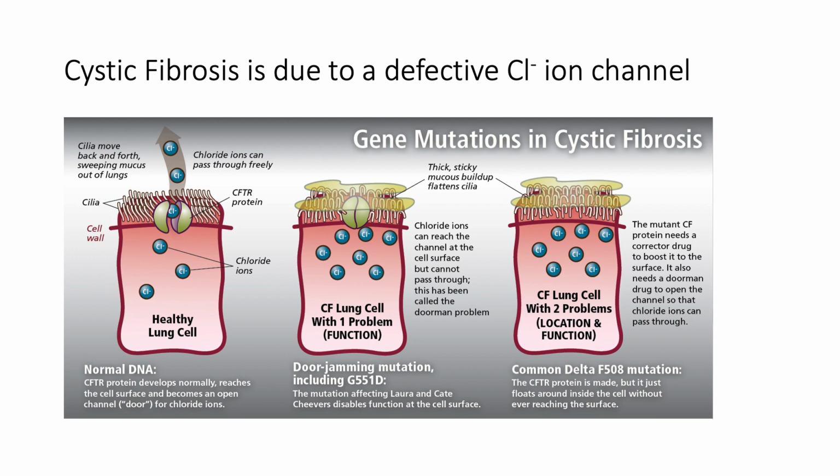And so the thinking is that it may have been a selective advantage against diseases like dysentery, for example, where you die due to dehydration through diarrhea and vomiting and so on. So they may have less extracellular fluid and would survive. In any case, that's the chloride channel and cystic fibrosis.